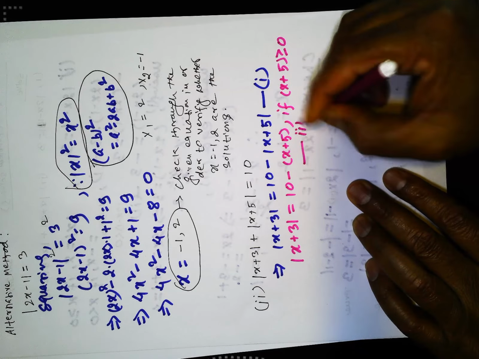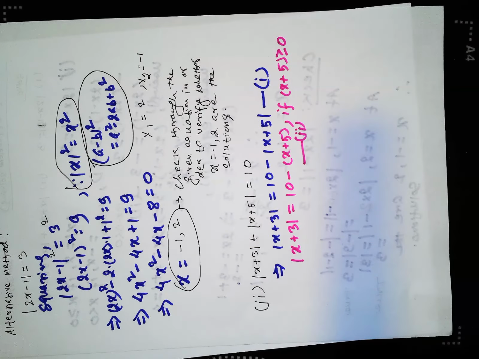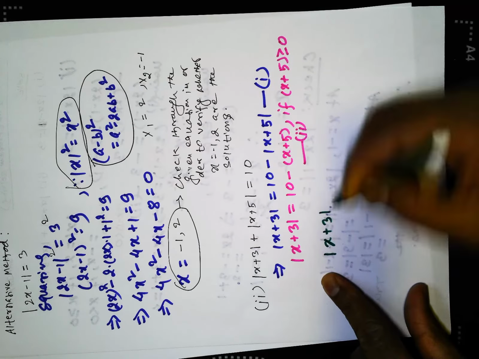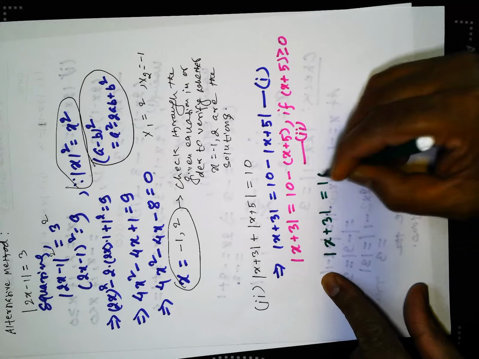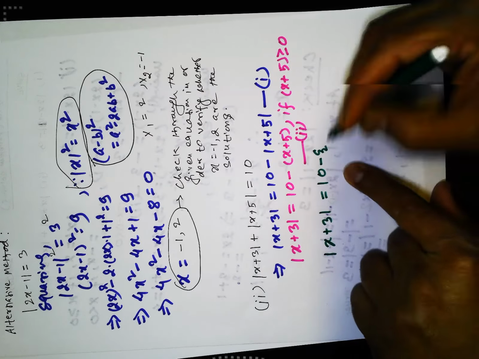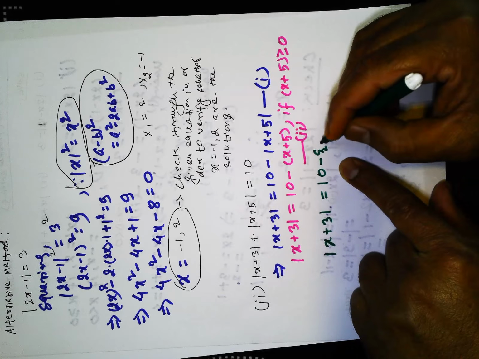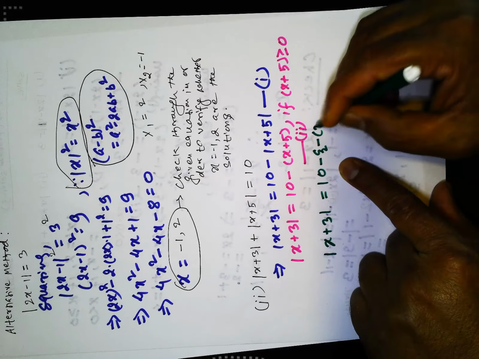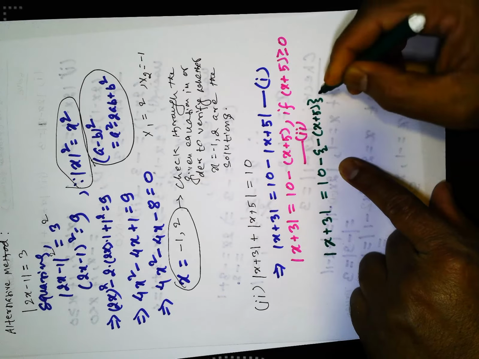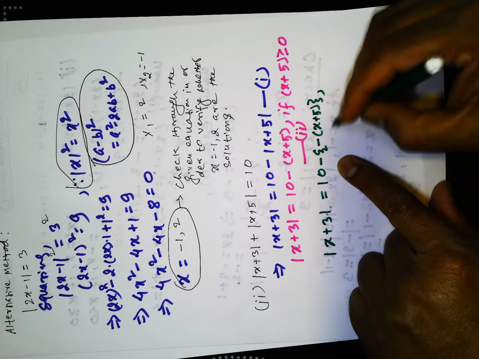2, and then the other equation that I get through this is x + 3 is equal to 10 minus, because I need another minus, so I use a curly bracket, or you can simply use a small bracket, no problem. So minus, this is x + 5, and by the definition of absolute value, what should we write here?